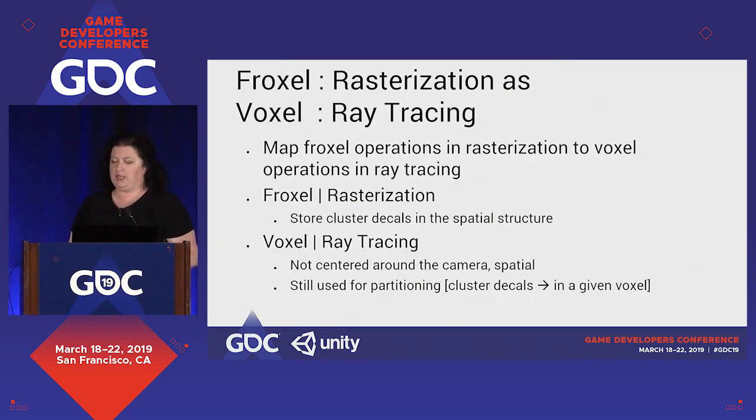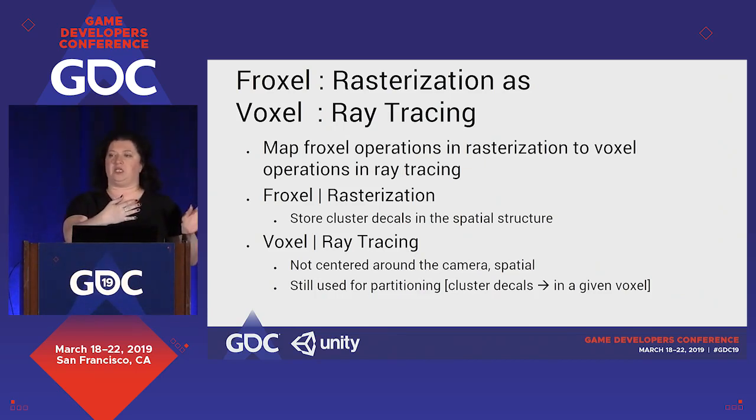So what we did with rasterization, if you look at Sebastian's SIGGRAPH 2018 presentation from last year's Advances course, he defines that we basically maintain a froxel around the camera where we keep the payload for decals. So we can think of the thing that we kept in the froxel for rasterization becomes the voxel representation for the ray tracing world.